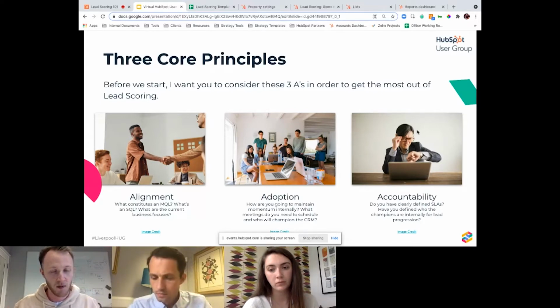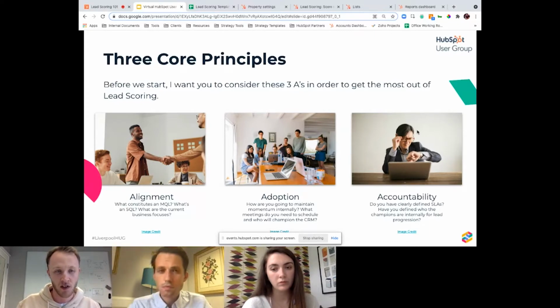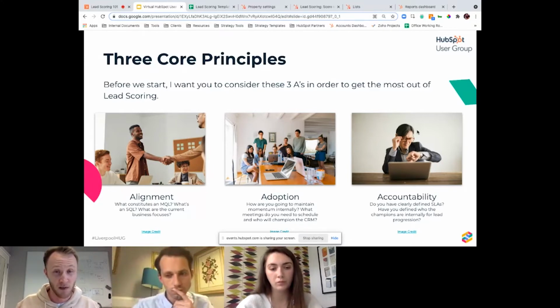What does the 6 months look like? What does the next 12 months look like? Having this clearly defined before you even start will allow you to hit the ground running to understand what sales needs, what marketing needs, what service needs, and ultimately what the business needs, allowing you to capitalize on immediate efficiency gains and to make sure you're getting value from the system.